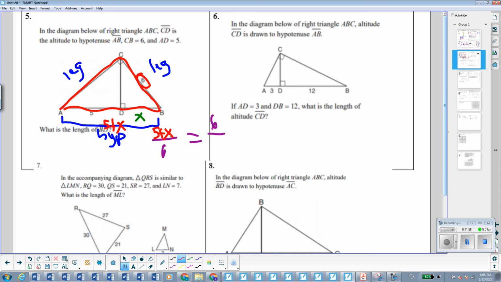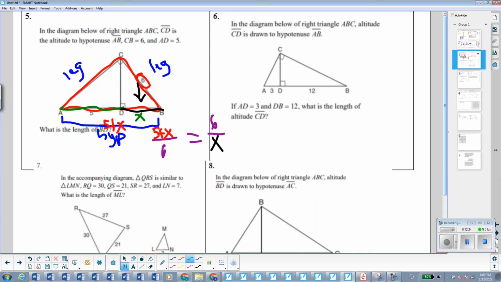And the leg's projection on the hypotenuse, in other words, the part of the hypotenuse directly below the leg that we're focusing on. Notice how there's two parts of the hypotenuse. There's AD and there's DB. The part that we are going to be using in our proportion is the part directly under the leg that we have information about. So that's going to be DB, which is x.